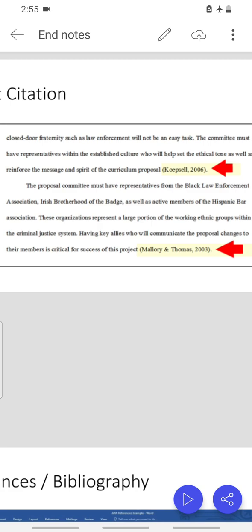So different authors are included to explain the point of view and explain the research which you are going to investigate. This is the basic purpose of giving references. Without references our research is always incomplete. So this is a normal way of giving citations and references.